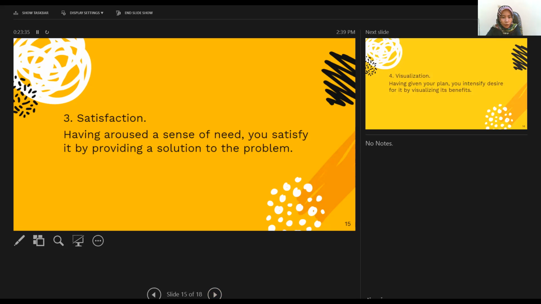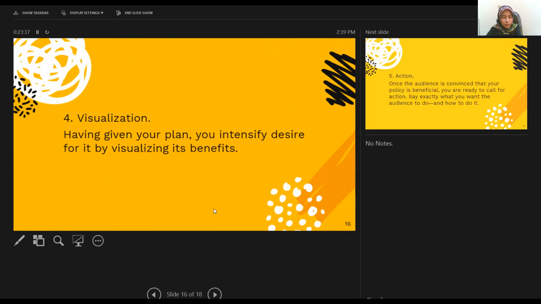Kemudian fourth, visualization. Having given your plan, you intensify desire for it by visualizing its benefits. Nah, kalian juga memberikan bayangan kepada audiens kalian. If you done this, the future will be changed. Nah, please describe. Endingnya itu akan seperti apa?